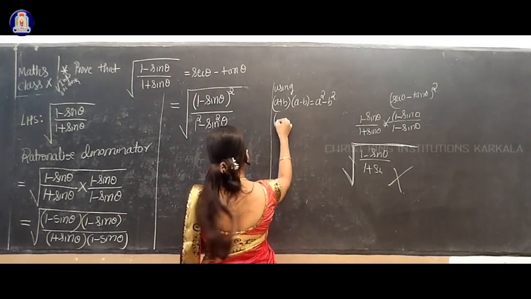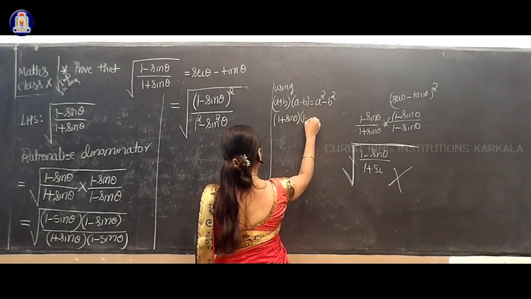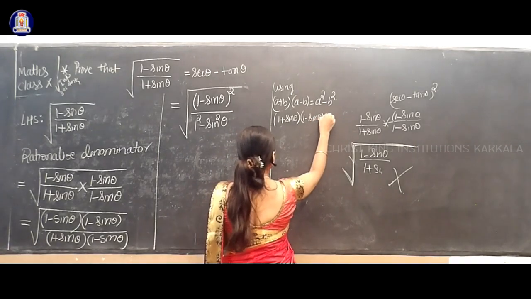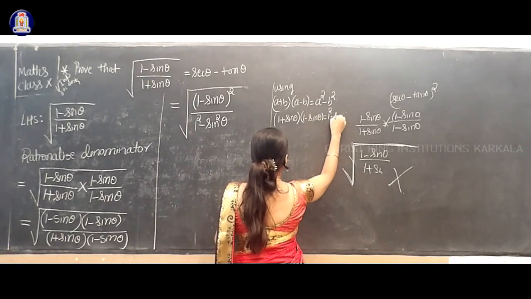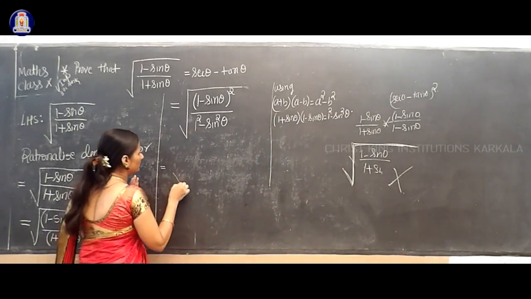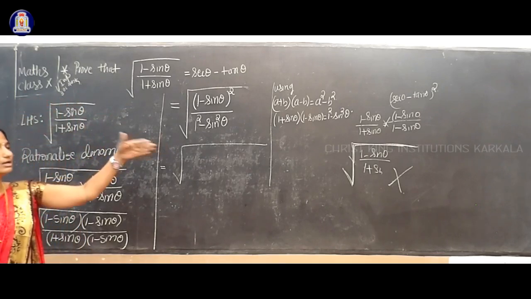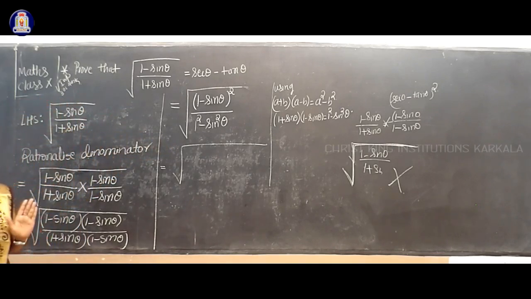So that changes as 1 plus sin theta into 1 minus sin theta, which is equal to 1 square minus sin square theta. Now what do we replace in this type of question? I told you to compare that with this one and simplify, then it is easy.